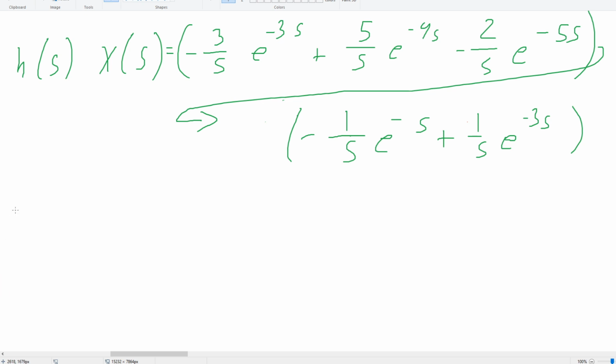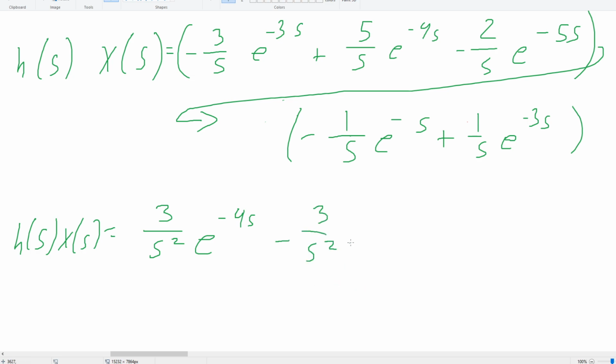So this is going to be H(s) times X(s), which is equal to, so this times this is going to be 3 over s squared e to the negative 4s. The next part is going to be negative 3 over s squared e to the negative 6s.